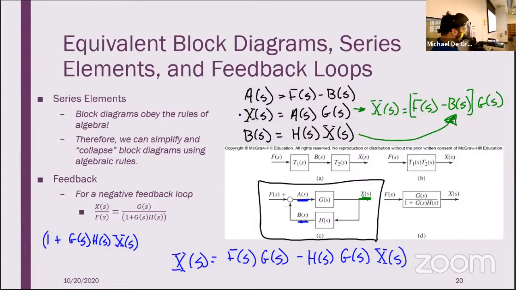All I've done is move my X of S terms over to one side and taken the X of S out, because it would be X of S plus X of S times G of S times H of S, and that equals F of S times G of S. And look, if I cross multiply everything, I'm left with that.